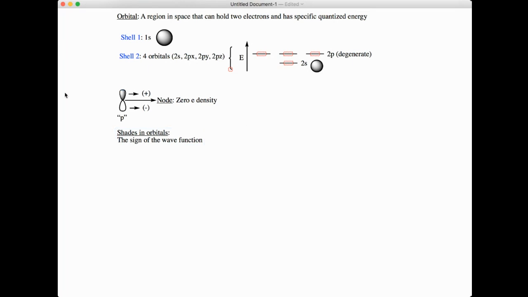So also wanted to show you, in regards to this, I'll see if I can draw something here. For any p orbital, you also will have something we call a nodal plane, which I'm going to try to draw here now.